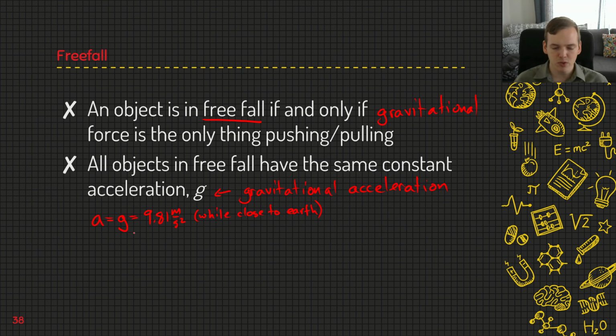So you can always use g equal to 9.81 meters per second squared, or if you prefer, g equal to 10 meters per second squared is close enough for this class. It makes the math a little bit easier, but the reason I do like using 9.8 or 9.81 sometimes is it helps make sure that I'm not making mistakes.